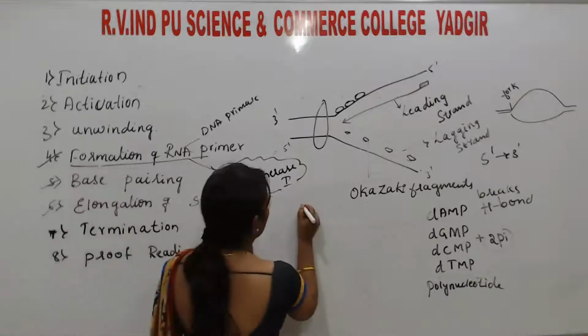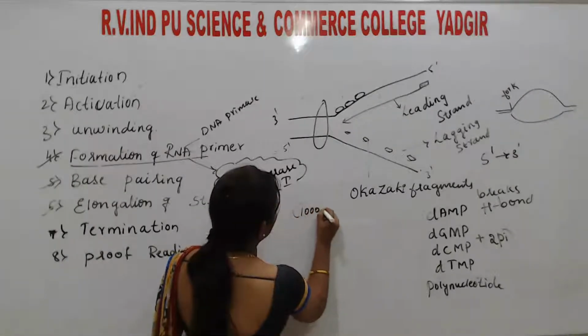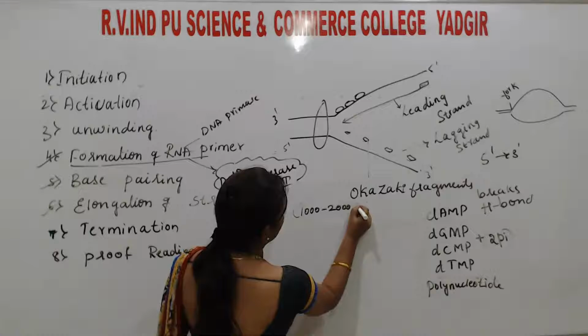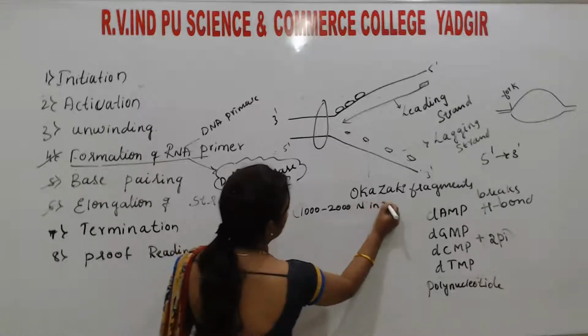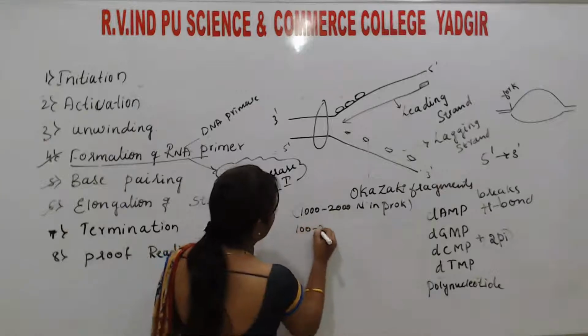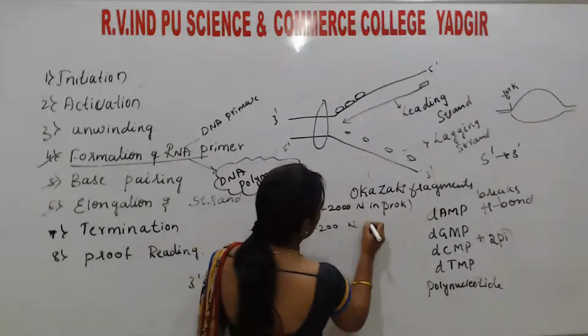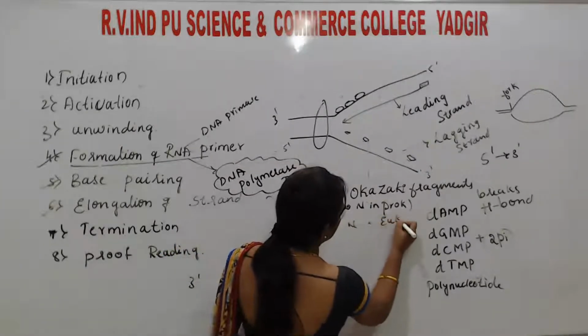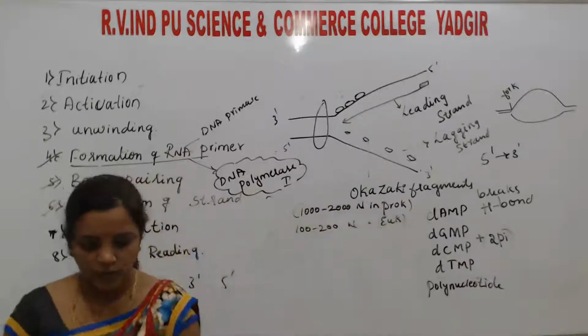Okazaki fragments have 1000 to 2000 nucleotides in prokaryotes, and 100 to 200 nucleotides in eukaryotes.